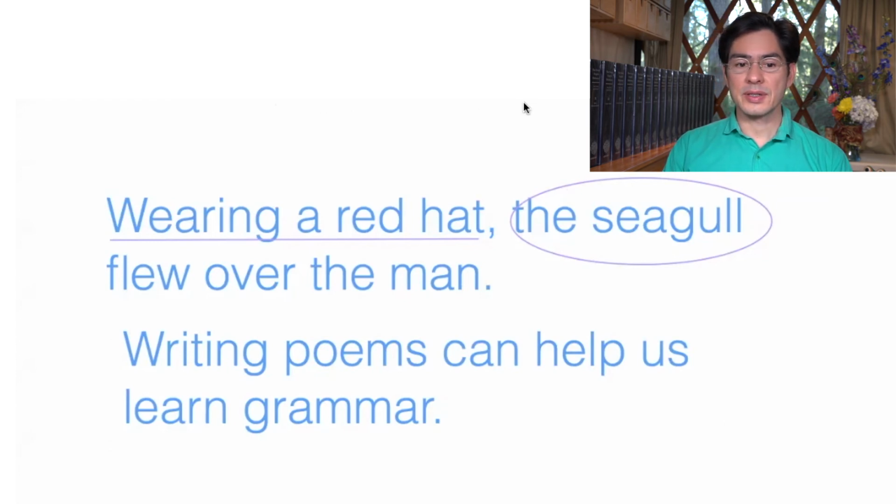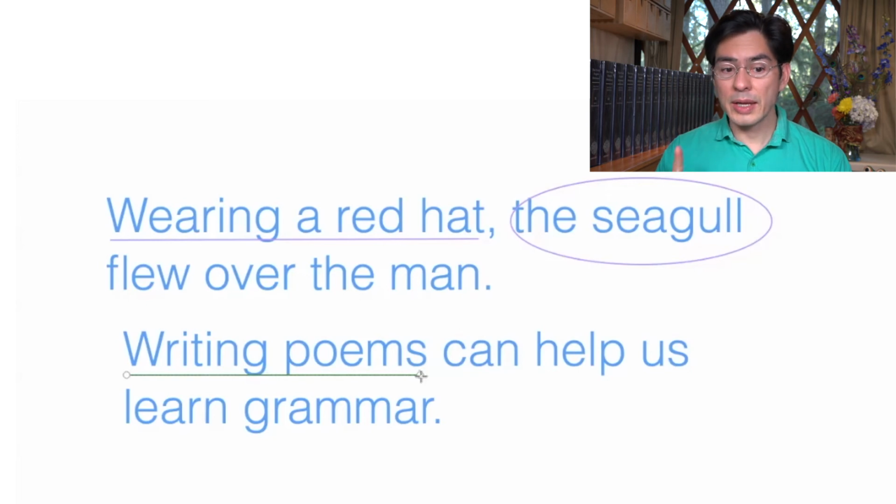Now notice that here we also have the present participle of the verb write, but here it is being used in a very different way. Here, writing, or in fact the gerund phrase writing poems, is being used as the subject of the sentence. Writing poems can help us learn grammar.